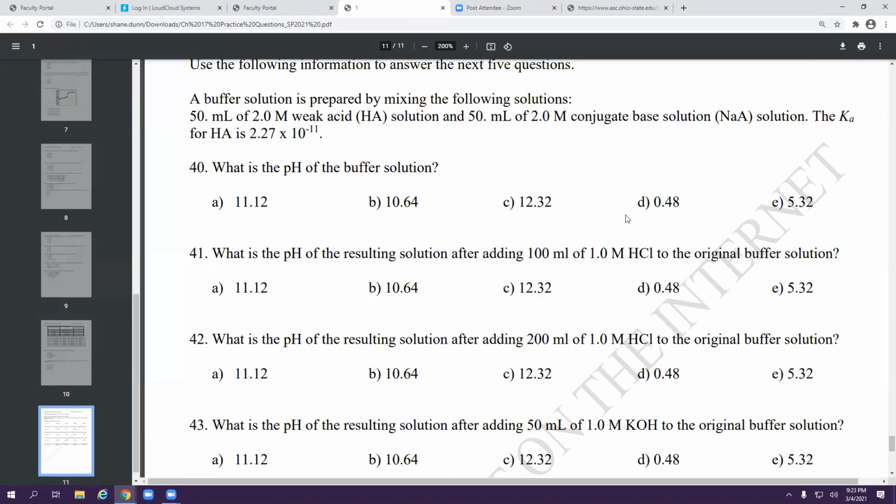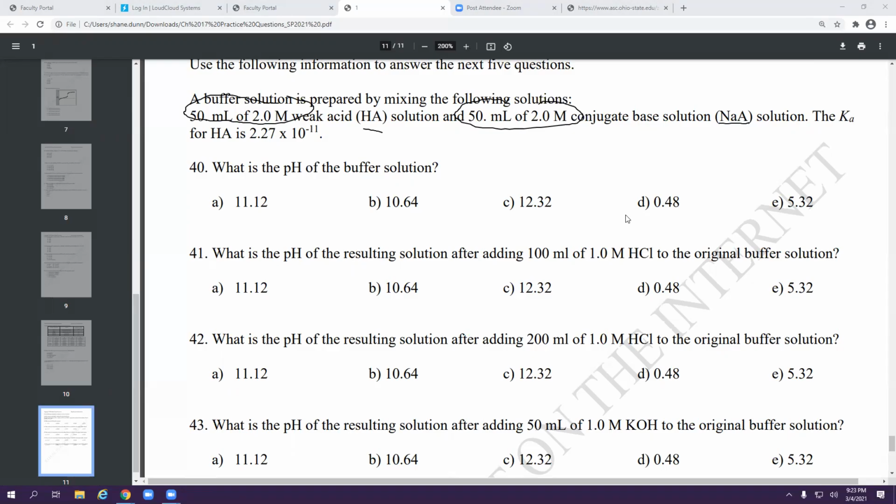So first off, what is the pH of the buffer? Well, if you look at it, my weak acid and the conjugate base are the exact same concentration, right? So that's 1/1 basically, right?